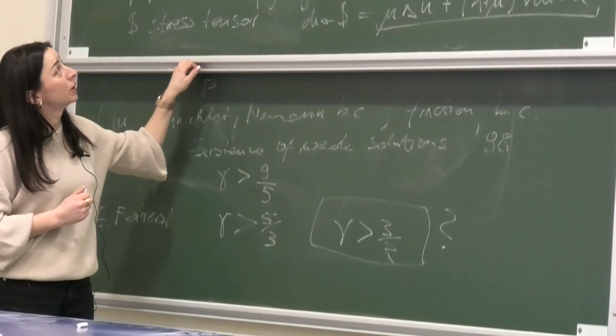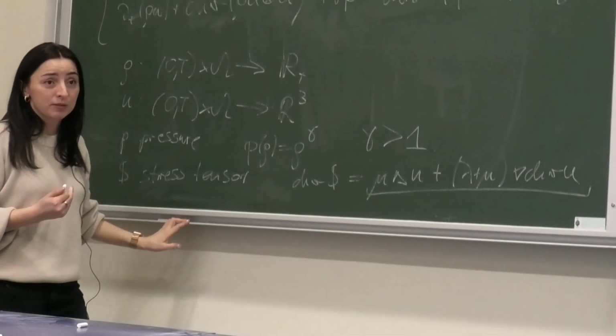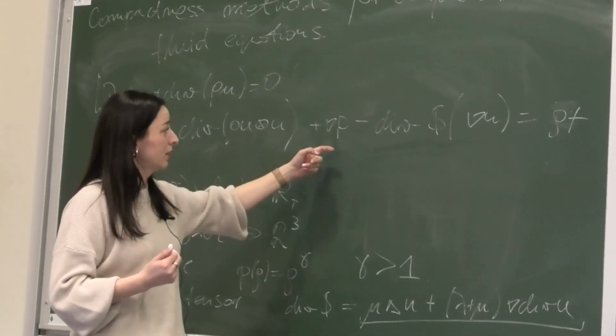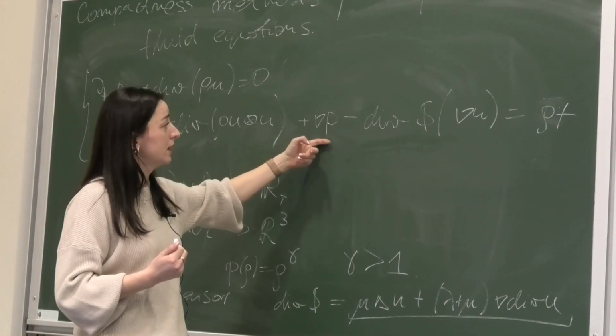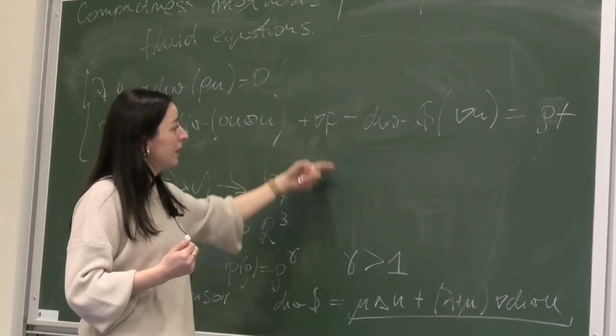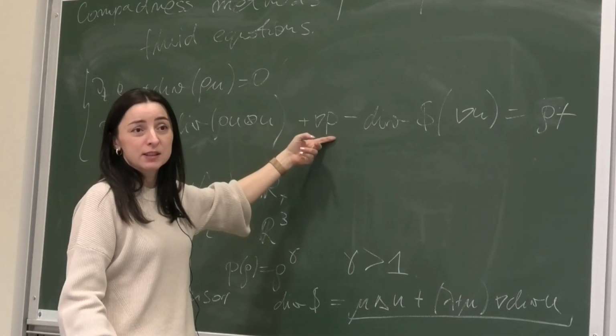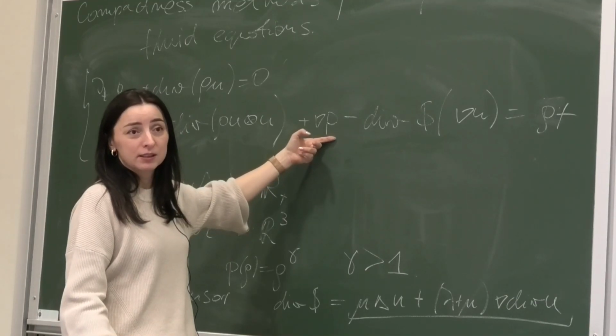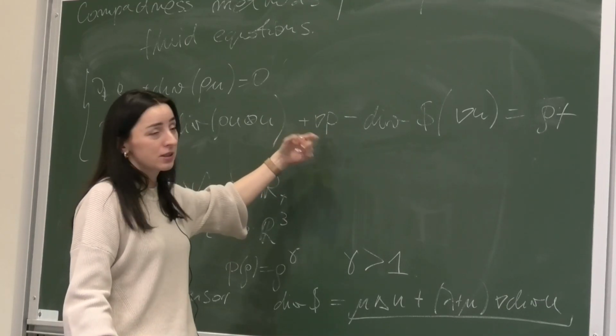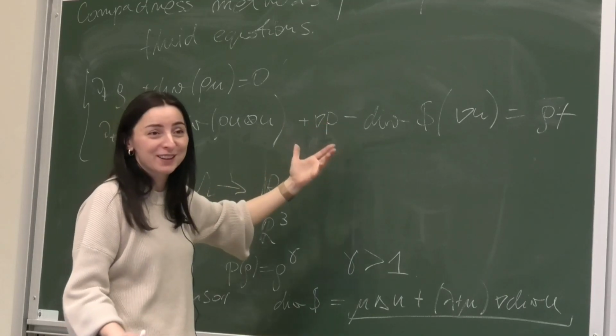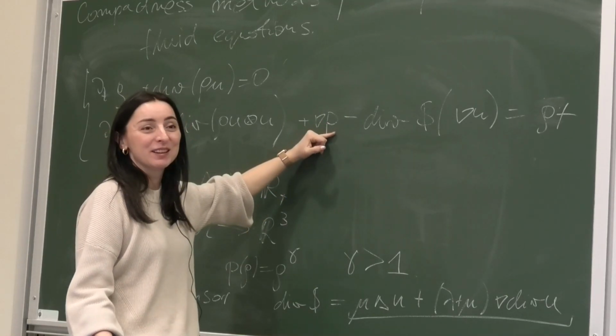Well, when you look at the system, it is easy to see that the bigger gamma is, the stronger the nonlinearity is in the system, at least with respect to the density, right? If gamma is very large, this is more and more nonlinear, in the sense of being further away from linearity.